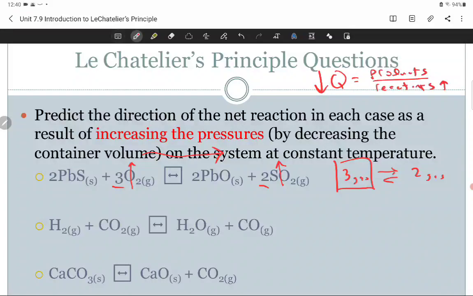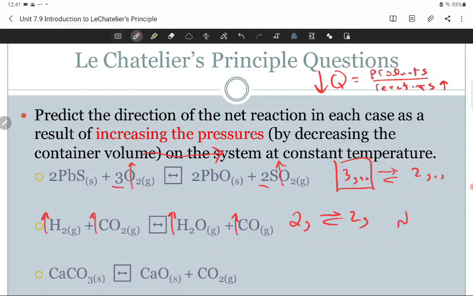The next one, if you increase the pressure, it's like as if you increased H2, but you've also increased CO2. You've also increased H2O gas and carbon monoxide gas. So it looks like 2 gases and 2 gases are affected. Well, with the information provided, it would be impossible to see if there's going to be any net direction change.